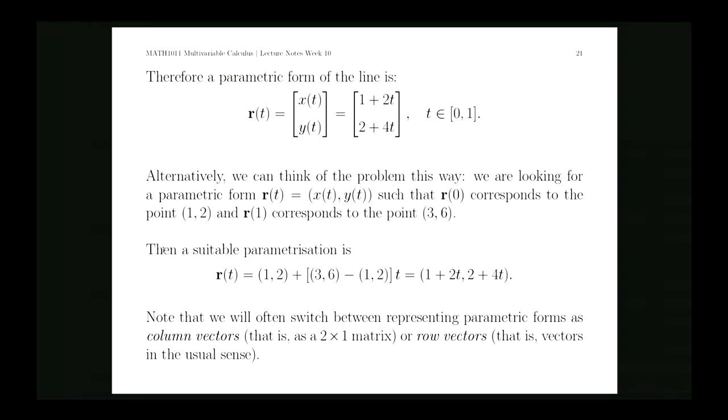I much prefer row notation to column notation with matrix brackets, but they're totally equivalent, of course. It just depends what you're doing and which book you look in. So we often switch between representing them as 2 times 1 matrices or vectors in the usual sense. It depends on the book and the person teaching it.